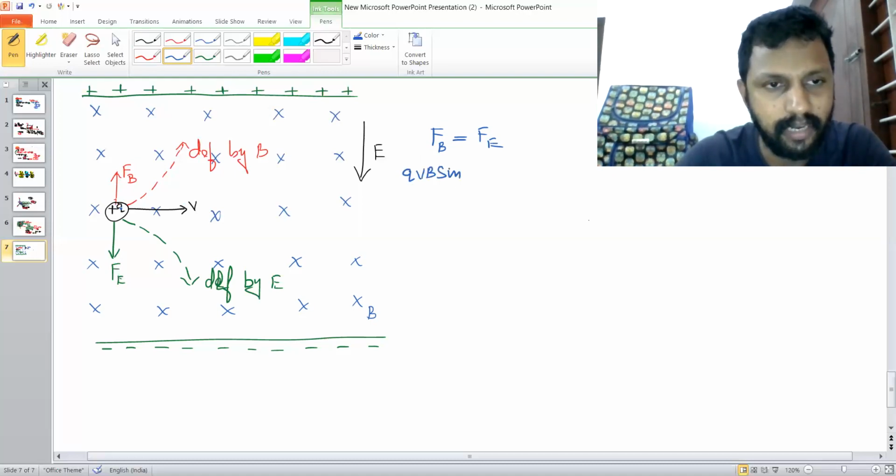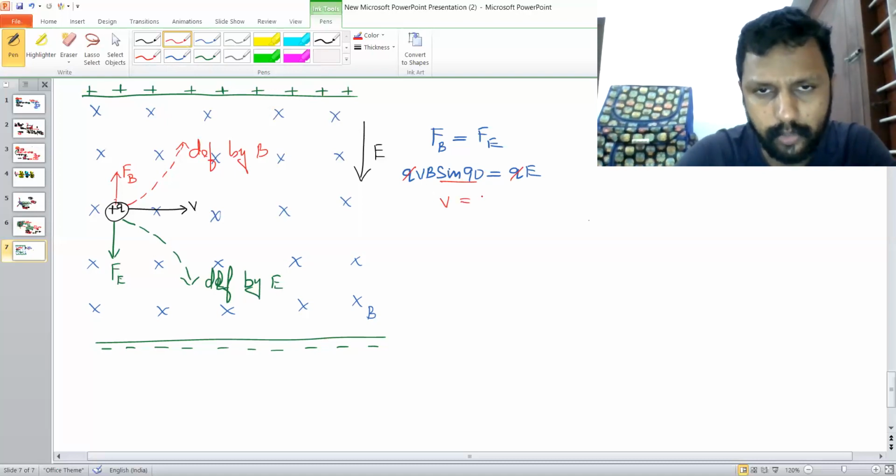In this case, the velocity and magnetic field are perpendicular, therefore sin 90. As we know, the electric Lorentz force is QE. So QVB sin theta is equal to QE. Q will get cancelled, and sin 90 is 1. Therefore, we will get V is equal to E by B.